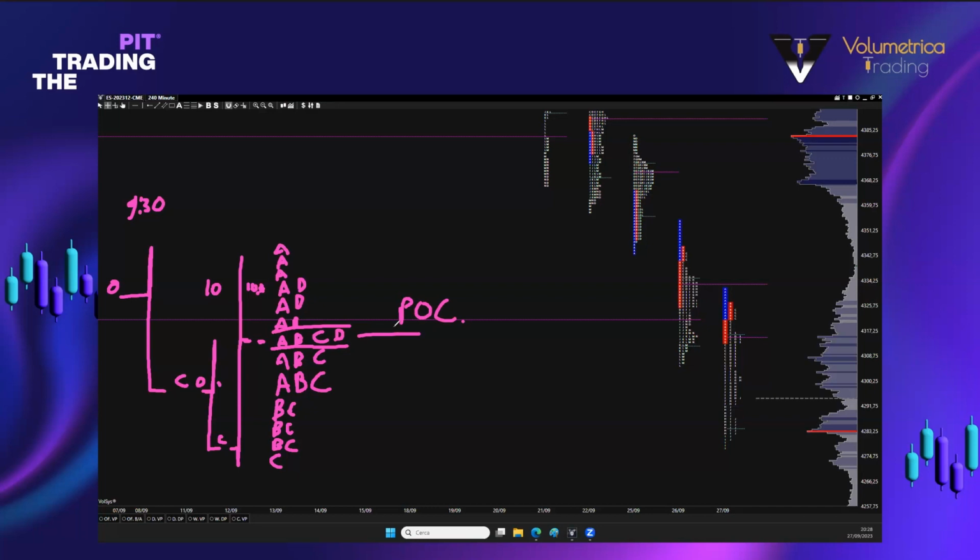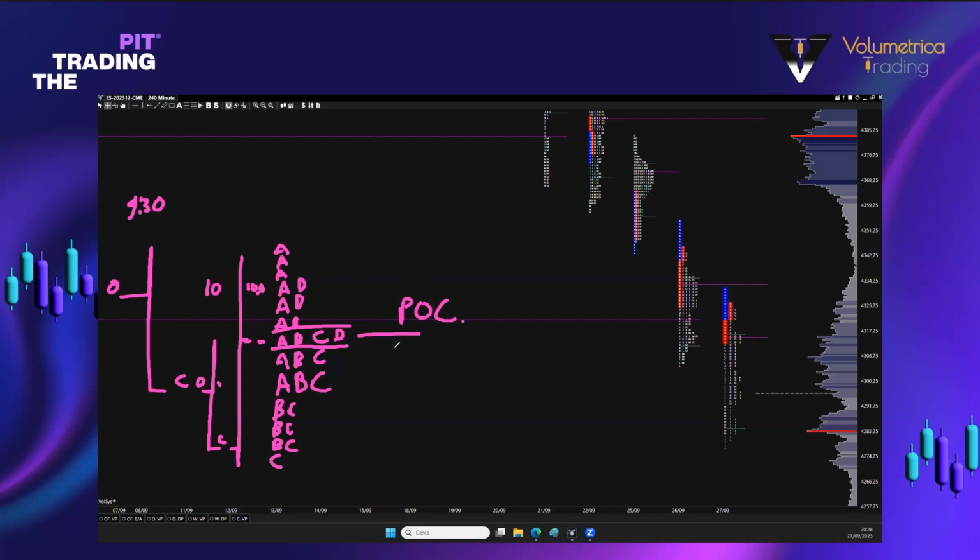The only difference is that we are not talking necessarily about volume here. We are talking about time. So this is definitely in such a profile where price has been spending the most time. According to that, it shows us the most important level of acceptance of price, where buyers and sellers were in agreement.